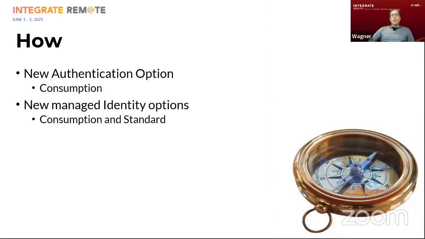So where can we find those new things? The new authentication option for inbound is available in Logic Apps Consumption, and you're going to have a little bit of a look into that one. The managed identity options, both system identity and user identity, are available in Logic Apps Consumption, and you also have some of those options in Logic Apps Standard.